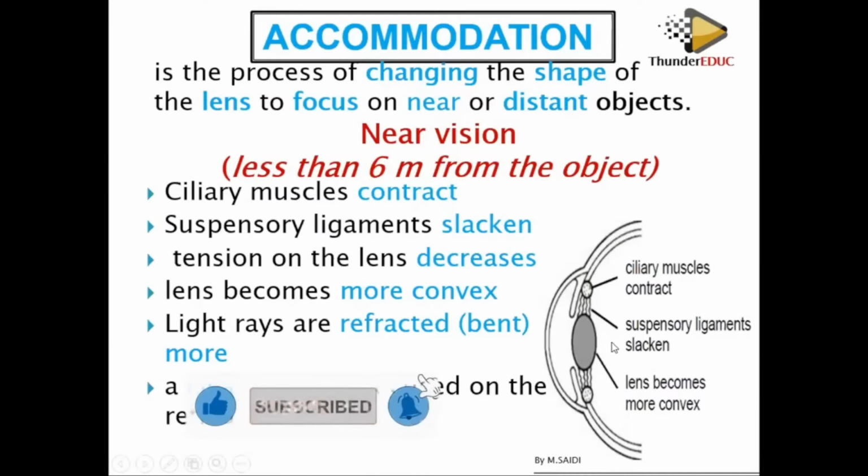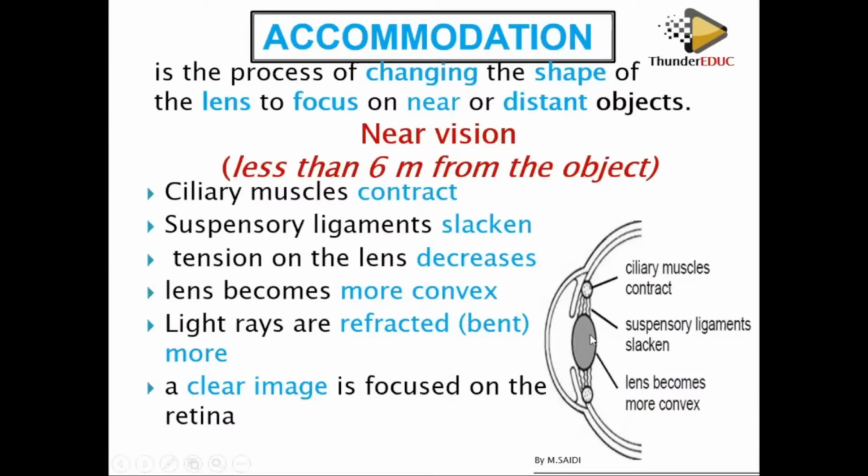If the lens is big, it means that it's more convex. Then what is attached to the lens must slacken, which is the suspensory ligament. And if the suspensory ligament slackens, then the ciliary muscles must contract because they work antagonistically. From there, now you can start.